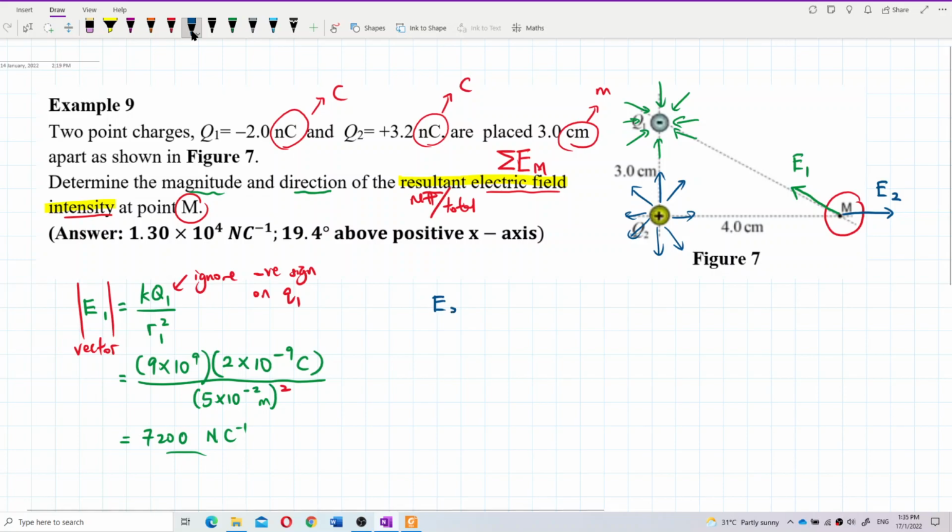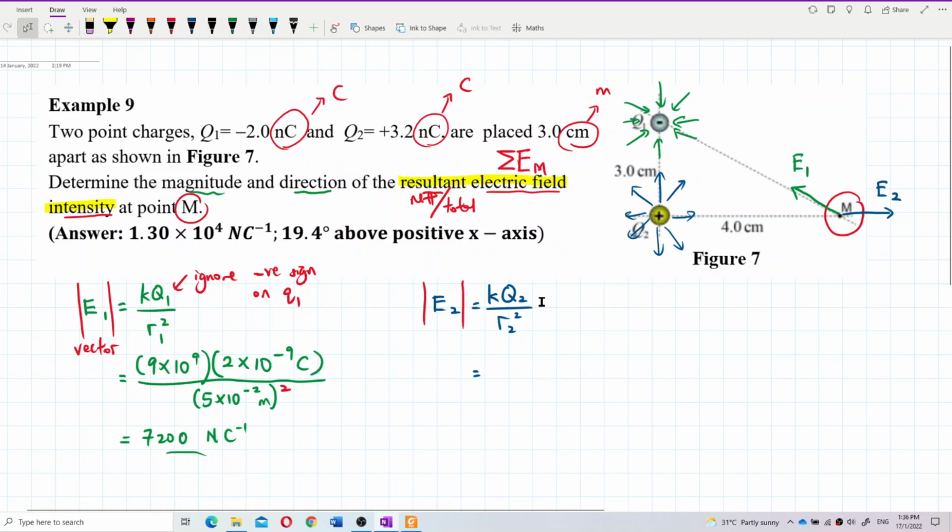So E2 also uses the formula kQ over r square, but now it's charge 2, distance r2 square. Remember, this one is just to find the modulus, the magnitude. Charge 2 is a positive charge, so never mind, it's positive.